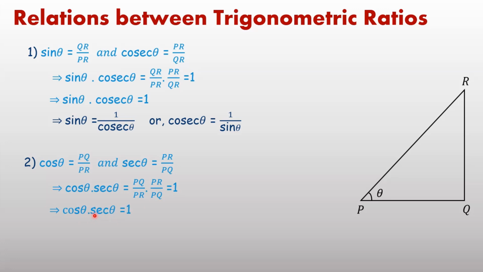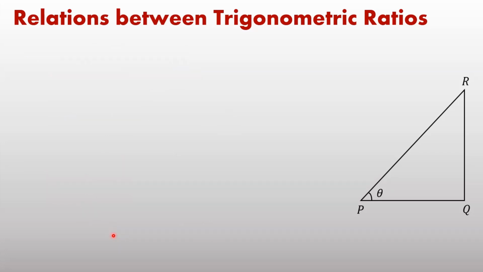And if product of these two equal to 1 means both are reciprocal to each other, means we can write cos theta equal to 1 upon sec theta or sec theta equal to 1 upon cos theta. First relationship represents sin and cosec both are reciprocal to each other. Second, cos and sec, these two are reciprocal to each other.